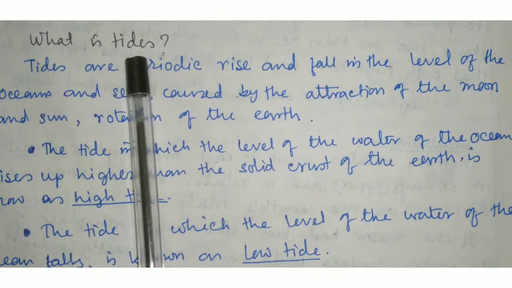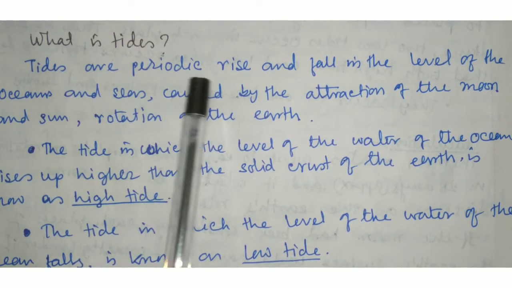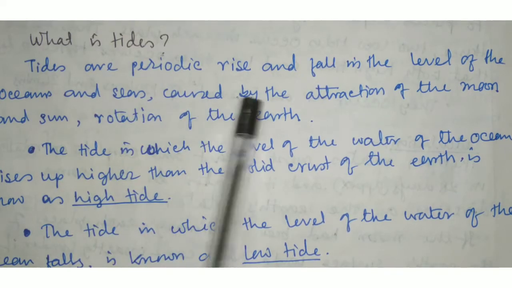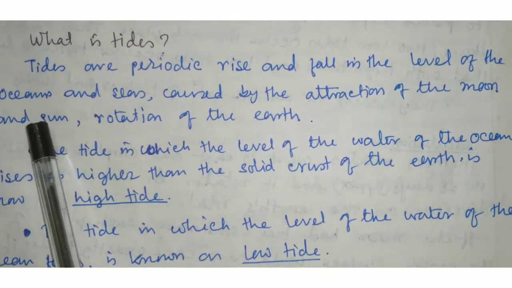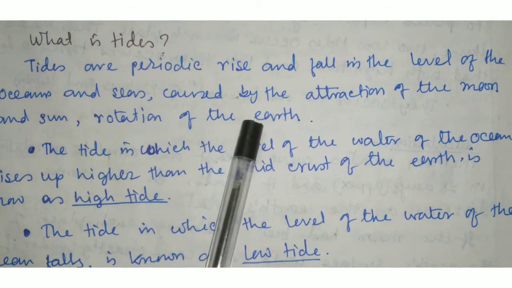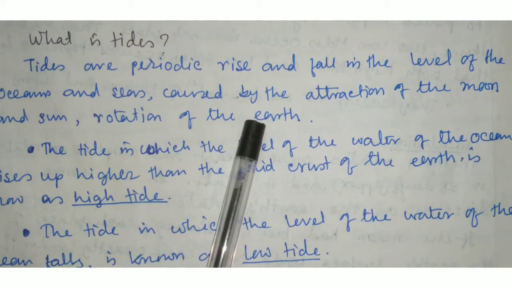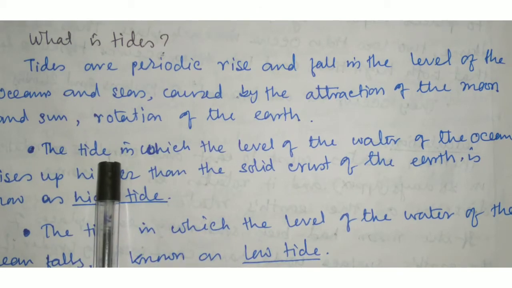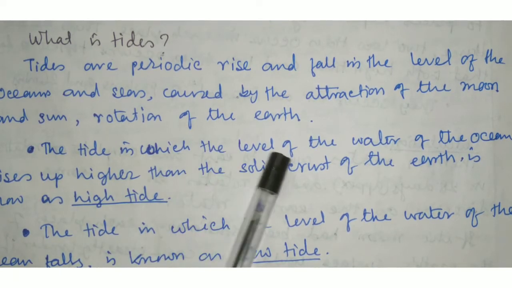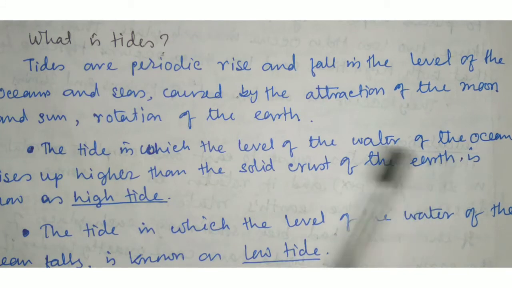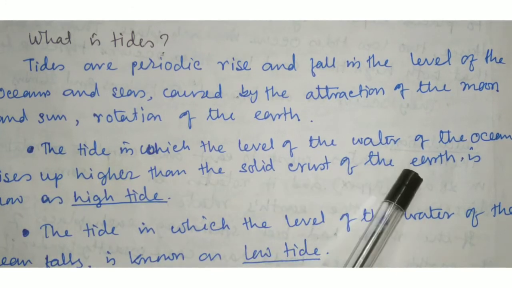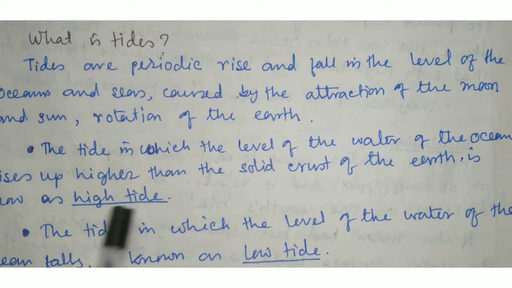Next, what is tide? Tides are periodic rise and fall in the level of the oceans and seas caused by the attraction of the moon and sun, and rotation of the earth. The tides are of two types, the high tides and low tides. The tide in which the level of the water of the ocean rises higher than the solid crust of the earth is known as high tide.